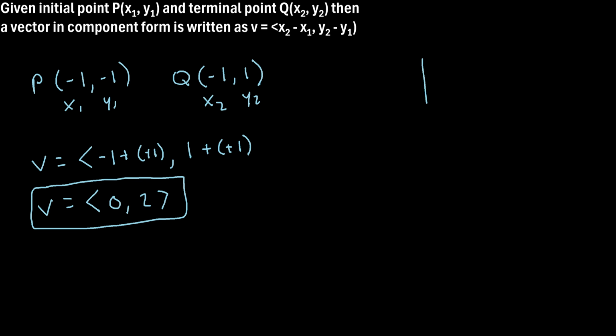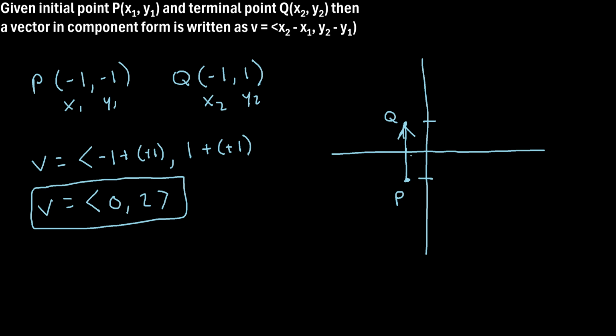And if we want to visualize this situation, our P, our initial point, is -1, -1. So here's P. And Q, our terminal point, was -1, +1. So here's Q. So this was our initial vector going this way. And we found that our component form of this vector is 0, 2.